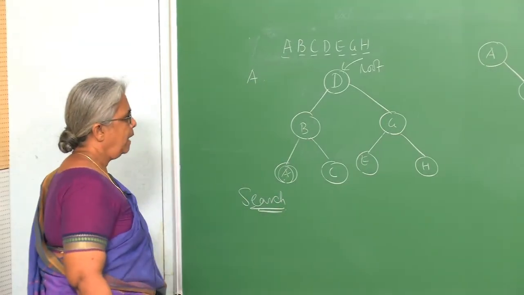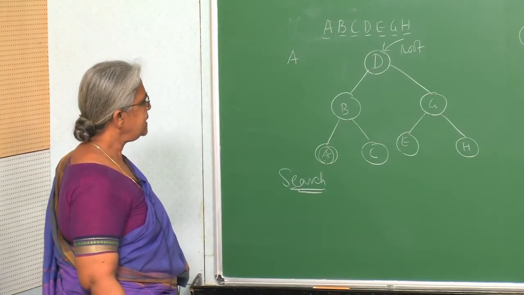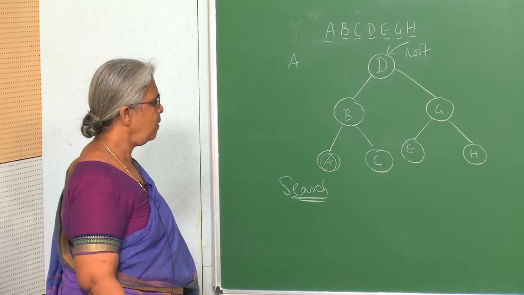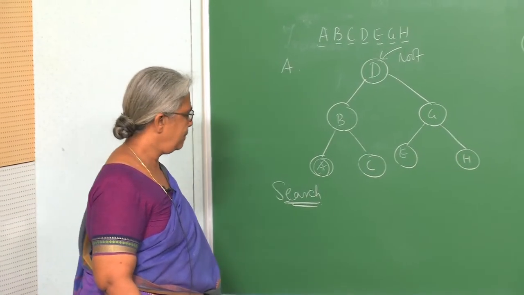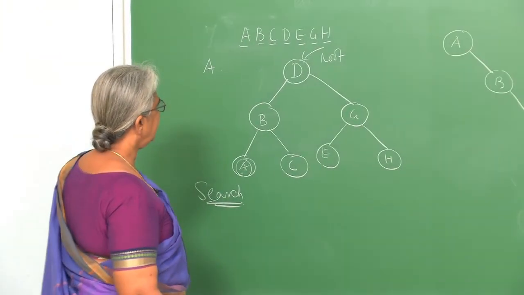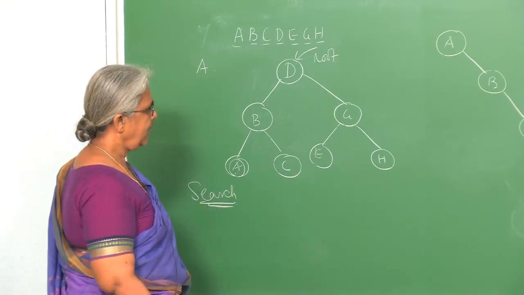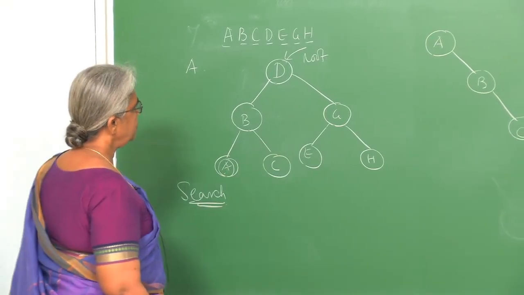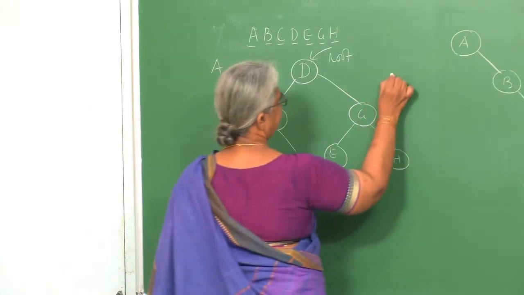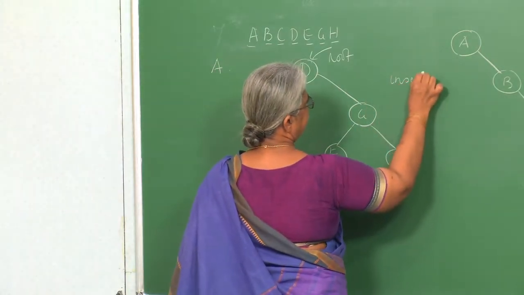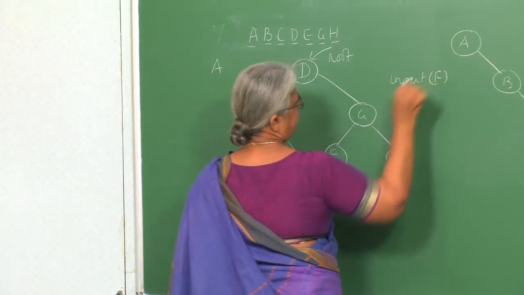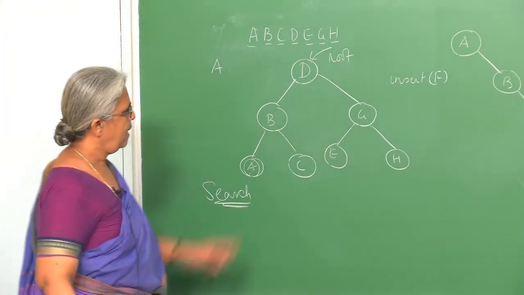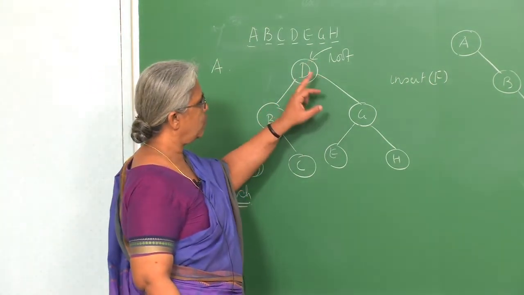Okay. Now, if I want to insert a node, what happens? Let us say I want to insert F; E, G, H is what I have. Suppose I want to insert the node F. I compare with the root. Where should it go now?